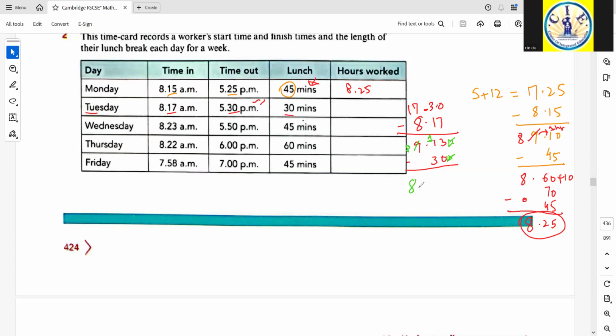So now we have 8 in the hours column, and in the minutes column we have 60 for 1 hour and 13 minutes of the previous, that is 73 minutes. And now we can easily subtract 30 minutes from this.